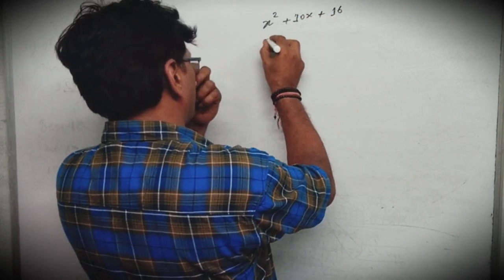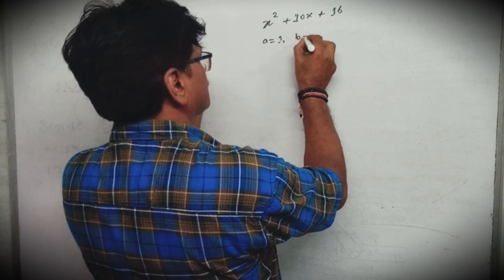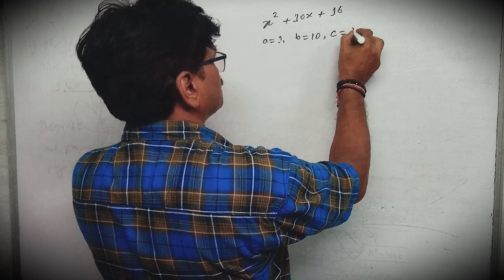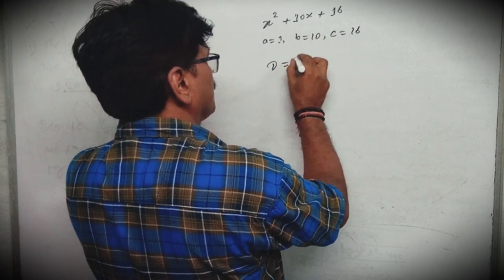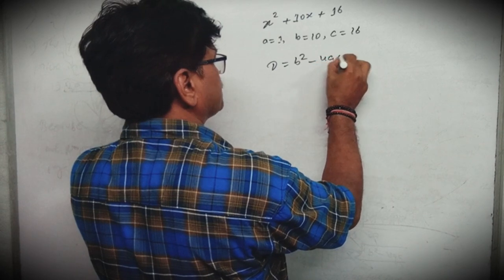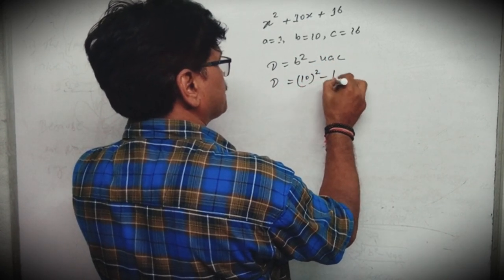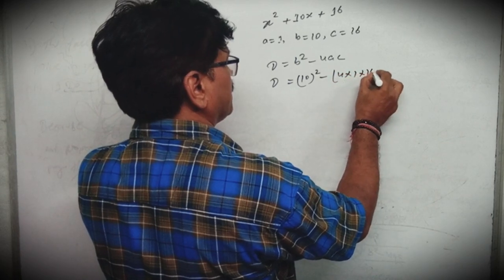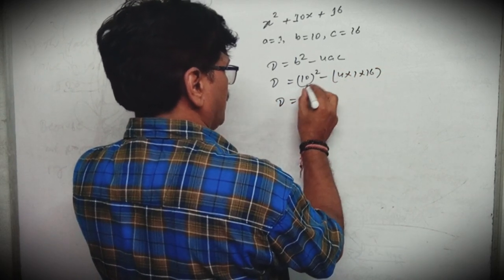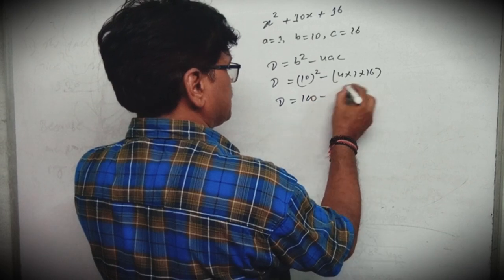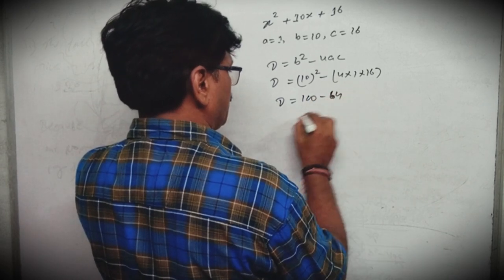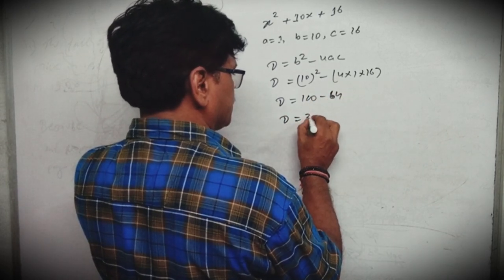Here a is equal to 1, b is equal to 10, c is equal to 16. So D is equal to b square minus 4ac, which is 10 square minus 4 into 1 into 16. That is 100 minus 64. So D is equal to 36.